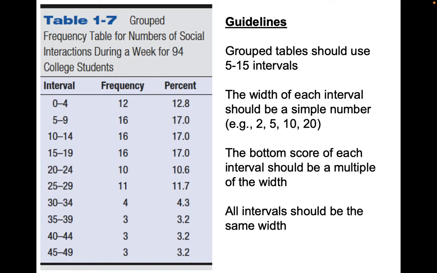And so if we just look at each of our intervals, and we go from 0 to 5 to 10 to 15, etc., we can see that the bottom of each interval is a multiple of the width of the interval. And finally, all of the intervals should be the same width. So when you're looking at a grouped frequency table, you'll know that it's done well or it's done correctly if that table follows all of these guidelines.